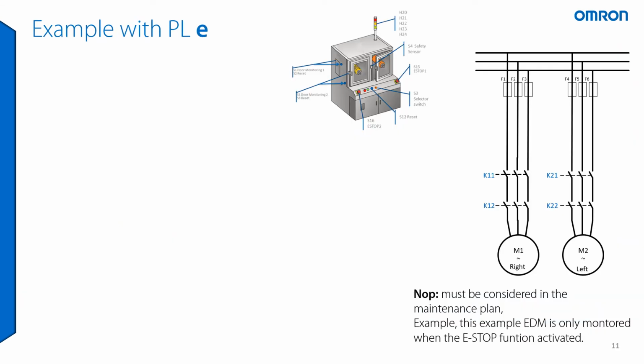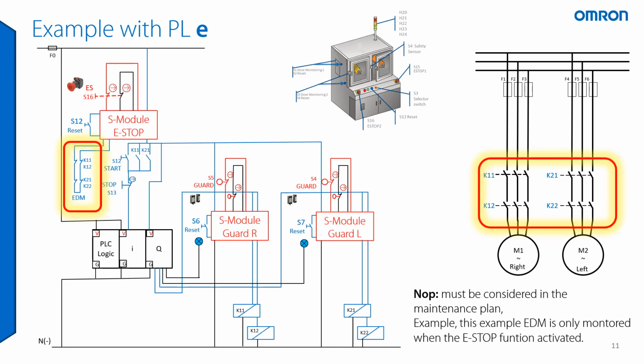Let's look at a very typical example of EDMs according to performance level E. Now you are seeing the 2 motors with contactors, which are the power part, and these contactors should have mirror contacts. These mirror contacts will be implemented in the safety circuit. In this case, we are linking them to a safety emergency stop module.